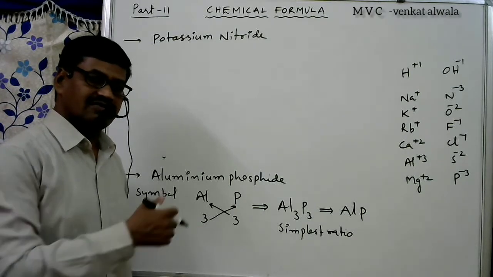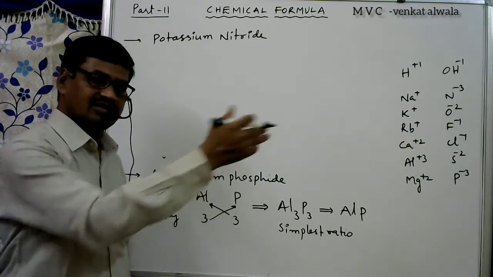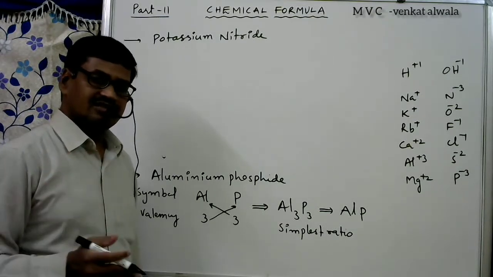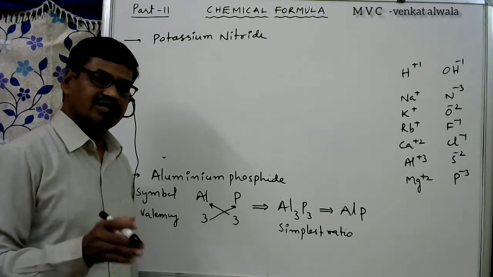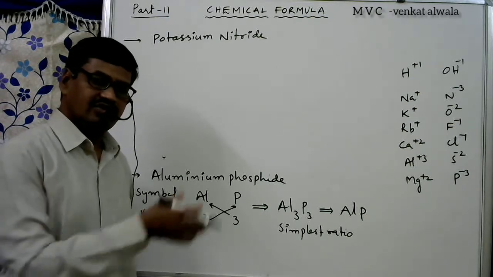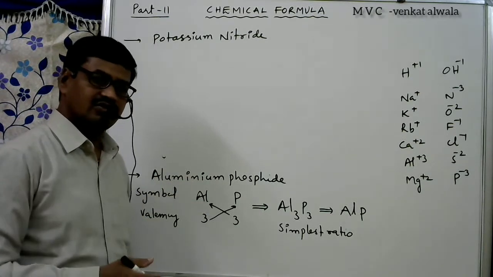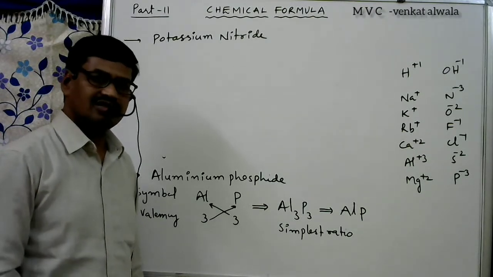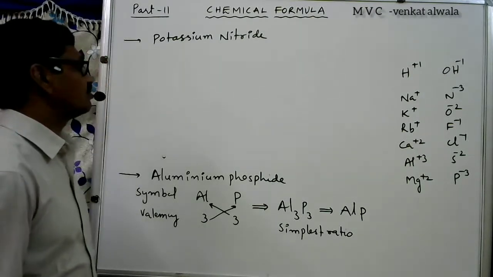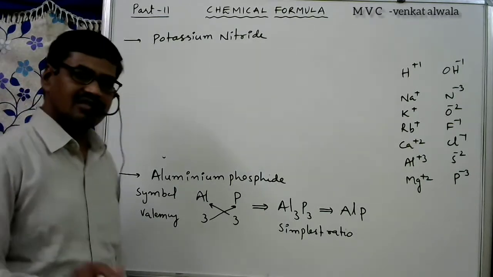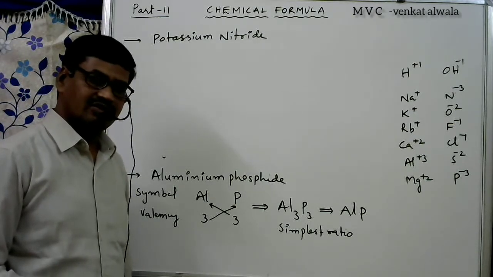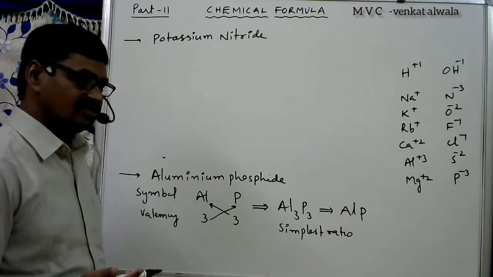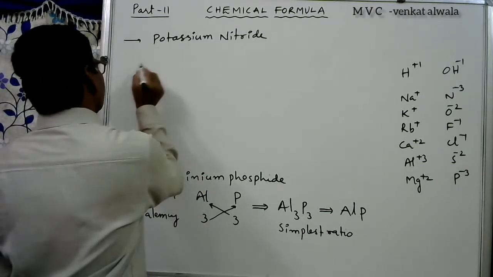Some compound reacts with some reagent and produces products. They give just sentences. In that sentence, whatever chemical compounds are given, you have to write as reactants and products. Without knowing formulas, it is not at all possible to write a chemical reaction. So all these are basics, very very important for beginners. These are silly things, but without knowing this, you can't go further. So these are very important things you have to remember.